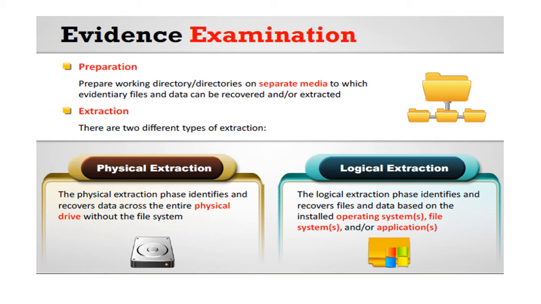The logical extraction phase identifies and recovers files and data based on the installed operating system, file system, and or applications. So we are identifying and recovering files and data that are currently installed on an operating system. That is the logical extraction.